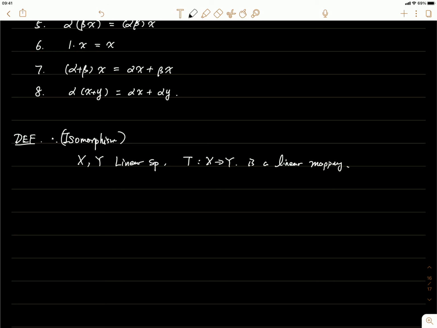In the sense that for any alpha, say for any alpha x, where alpha is a scalar and x is a vector, an element in the space, and any other scalar and any other vector, so I can call this x prime.